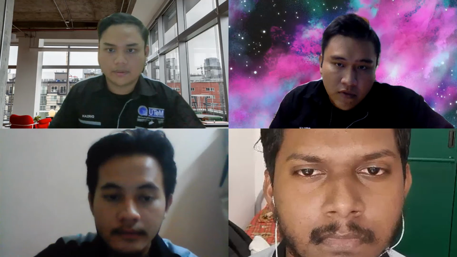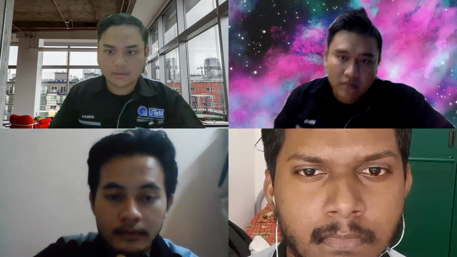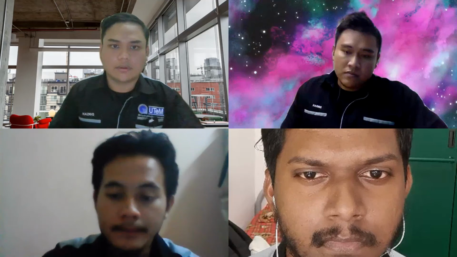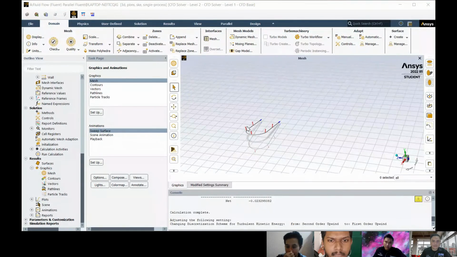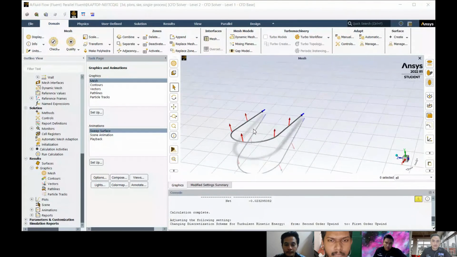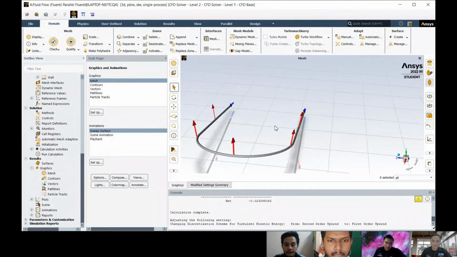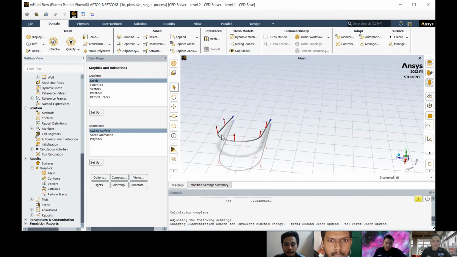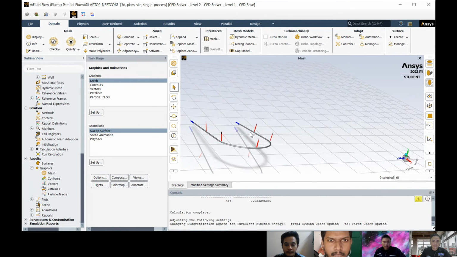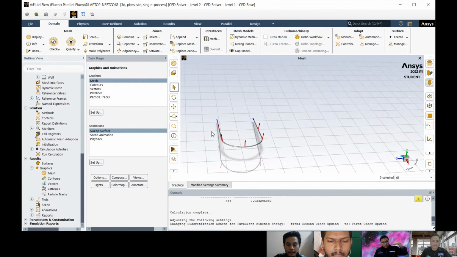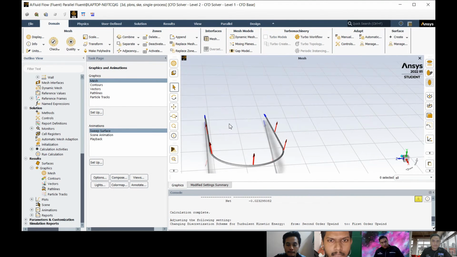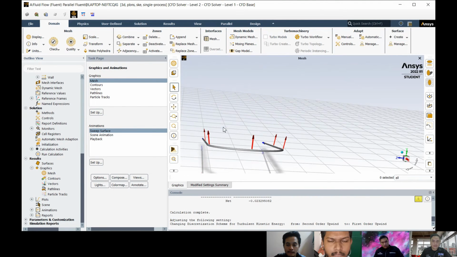This is the analysis. It's not finished yet, but it will be finished in 1 or 2 days, with the information that we need, such as pressure, velocity, or flow rate, from the analysis.